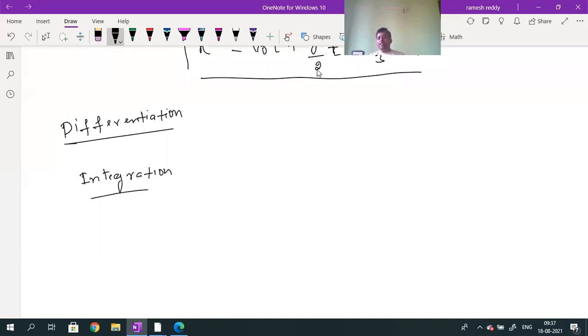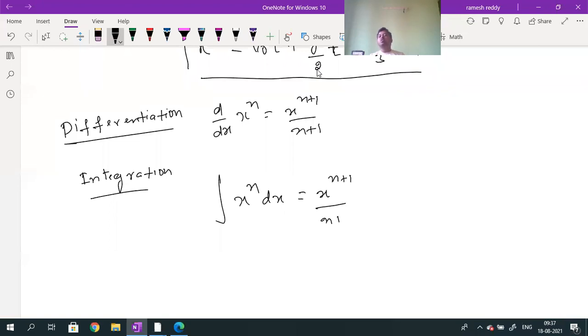We will use the formula there. In differentiation, d by dx of x power n is equal to n into x power n minus 1. This one formula I think you can remember. Whereas in integration, integration of x power n into dx will be equal to x power n plus 1 by n plus 1. If you know these two formulas, that is enough.